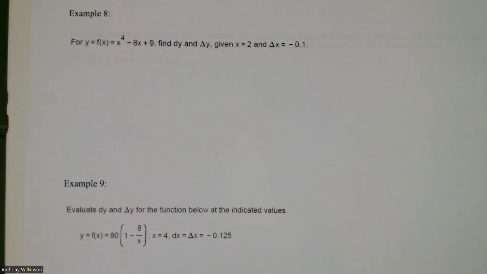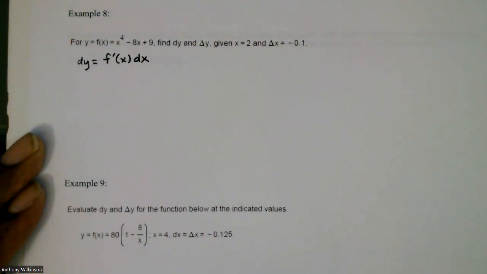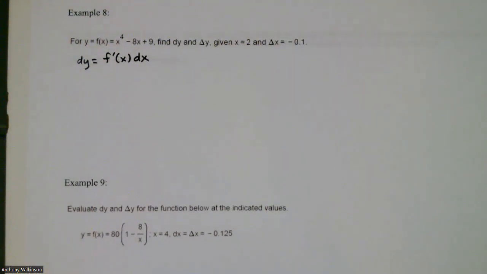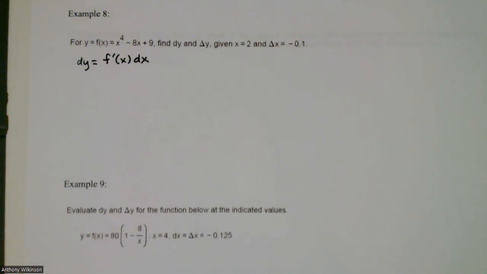Okay. So we already know that dy is equal to f prime of x times dx. So in this case here, I'm going to bring down the dy. For f prime of x, we need to take the derivative of x to the fourth minus 8x plus 9.